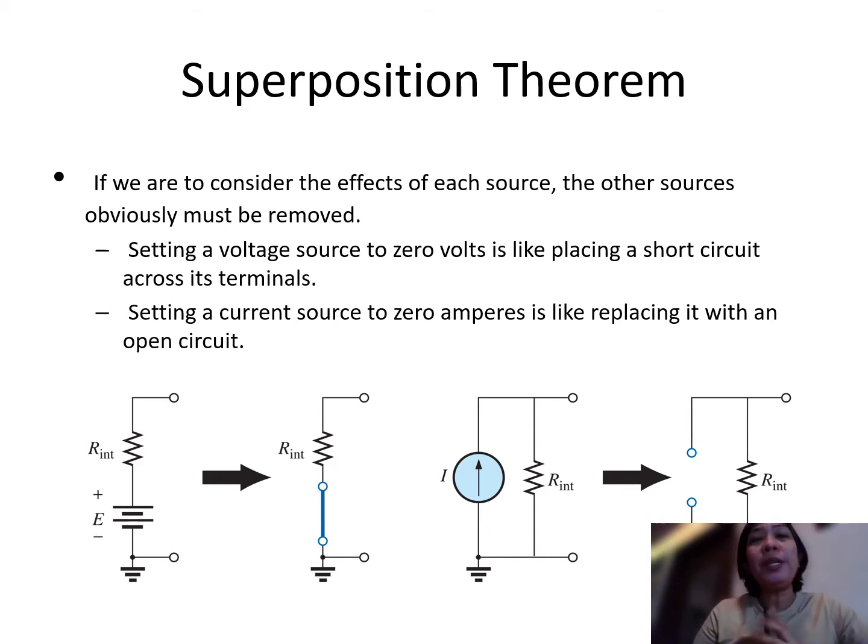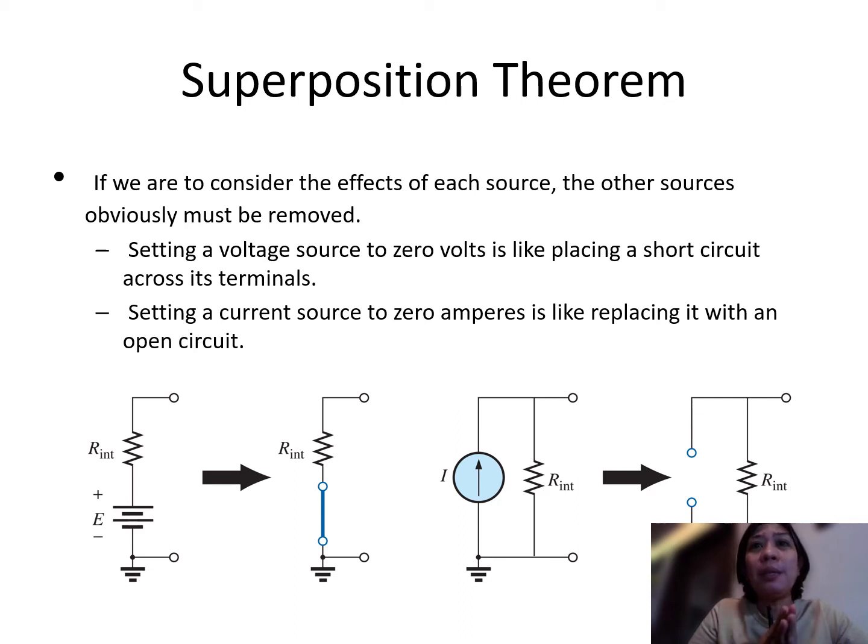First, setting a voltage source to 0 volts is like placing a short circuit across its terminals. So our question is, how are we going to eliminate the effect of a voltage source?